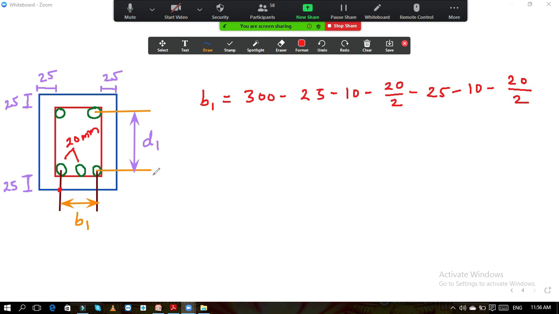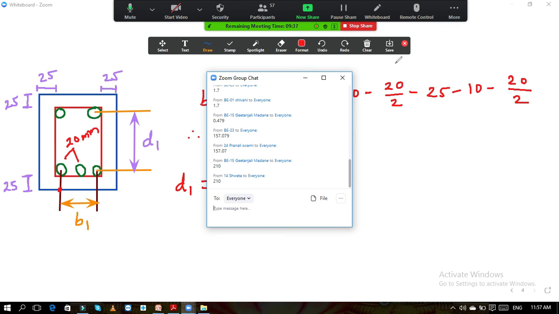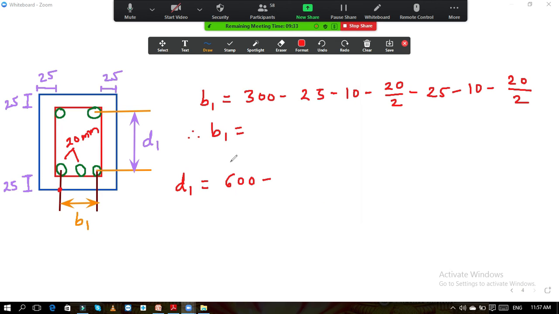So B1 is equal to, what is the value? Let me calculate. The value is 210 mm.